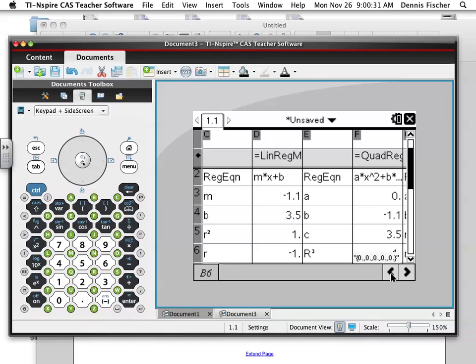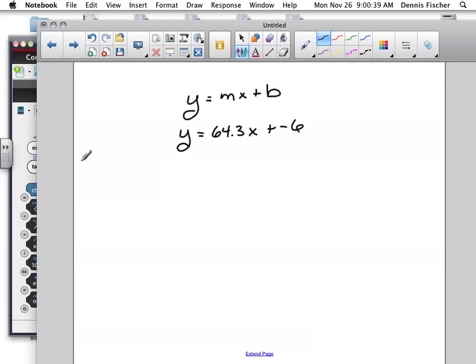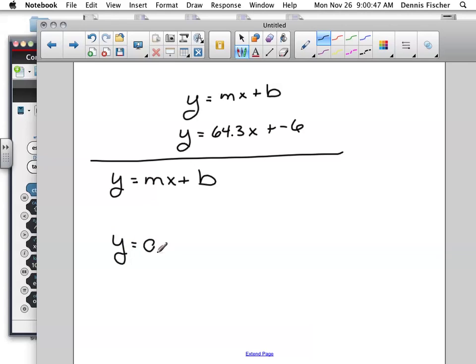Now you look at here, linear and quadratic are the same, okay? Now let's type these in. I want you to look at this. Linear model goes like this. I hope you remember this. Quadratic model goes like this. Those are the 2 models we're dealing with.